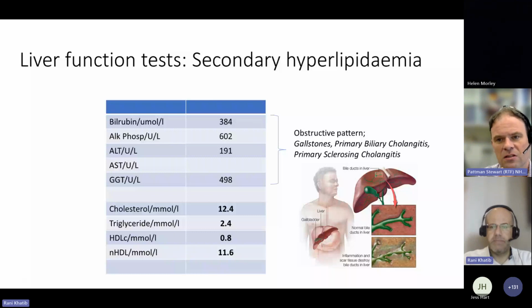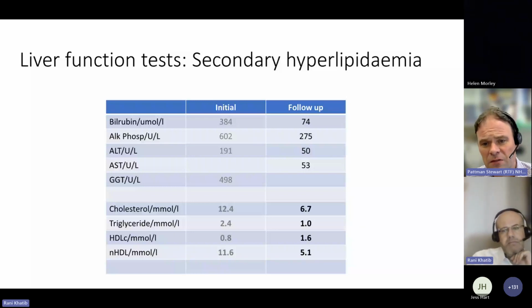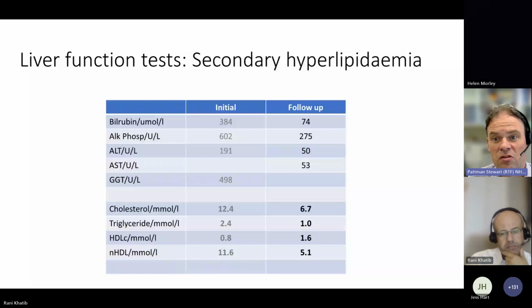So just on the next slide there, Rani, this is the picture of the cholesterol at follow-up. Now, the liver function test is still slightly abnormal there, with the bilirubin it's come down a bit, but it's still high. It shows the cholesterol is almost halved, and it shows you an illustration of the effect of having an obstruction essentially to your biliary flow. So if you're looking back at these patients' results in System 1 or EMIS, you might think, has this patient got a familial hypercholesterolemia pattern?